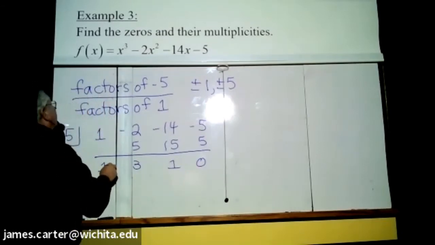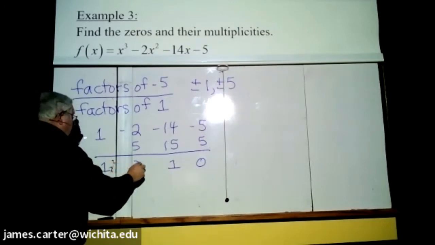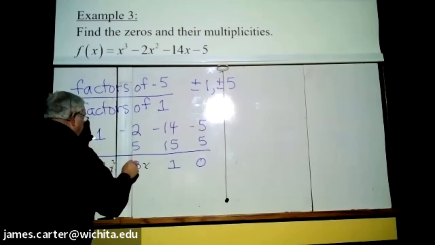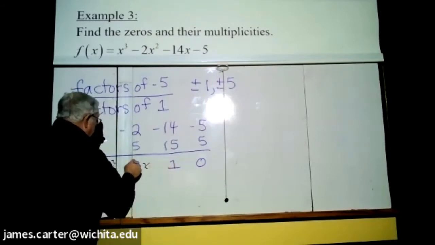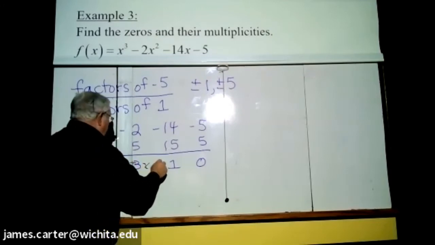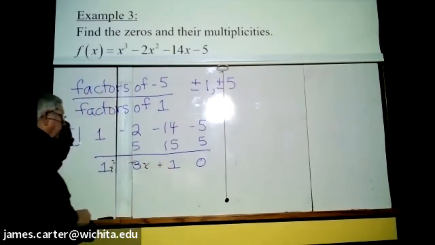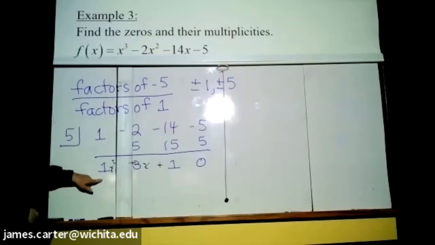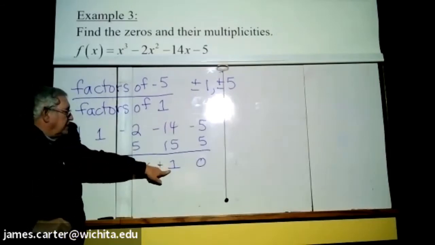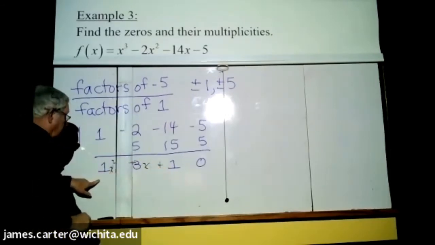So now, instead of x cubed, we have 1x squared plus 3x plus 1. We might be able to factor this, except that it won't factor.